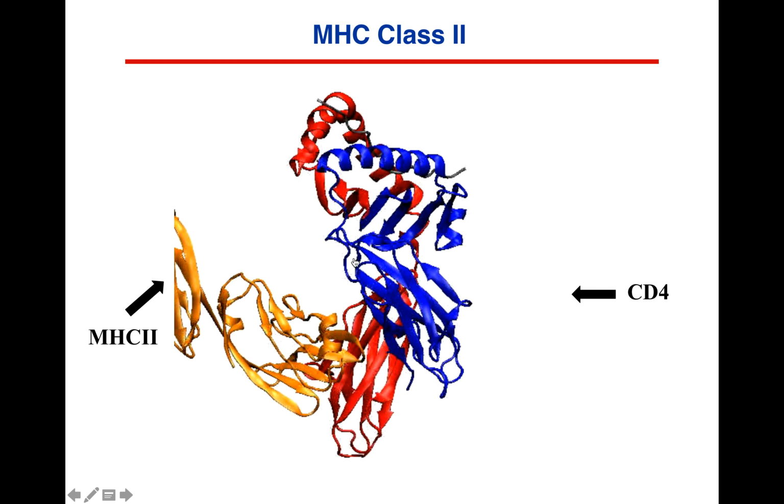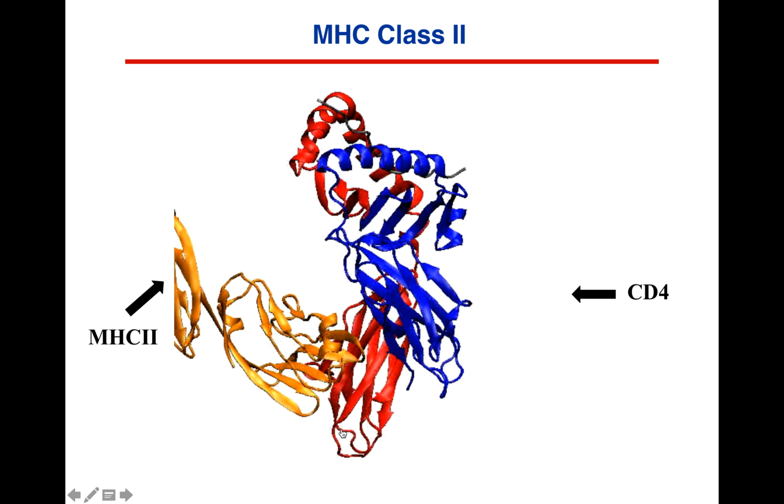The CD4 binds to the lower part of the MHC2 that's not involved in antigen binding, antigenic peptide binding. So the CD4 binds to a lower part and recognizes in a very conserved fashion their sequences down here. These domains down here are highly conserved, and so it binds in a conserved fashion to CD4.